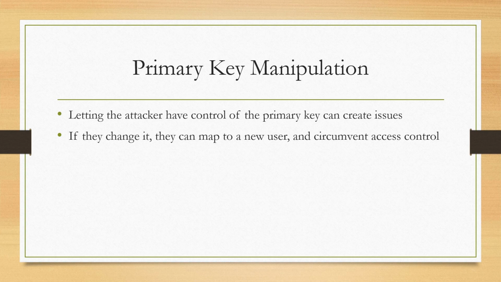Another even more common one: some people for some reason use first name and last name as a primary key, which in general is a really bad primary key because it has duplicate values. But if you do something like that, you can potentially change those fields, which you usually have power over in an application, and that in turn could map you to different users and help you circumvent access control.